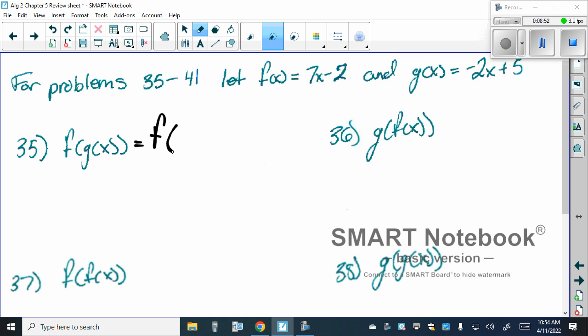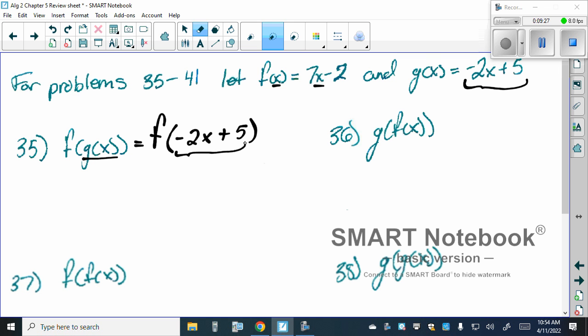And with any of the composite functions, we're going to work from the inside out. So when we look at this first problem here, the most inside that we can get is g of x. And for us here, g of x is what? Negative 2x plus 5. So we're going to go on and replace g of x with its function, negative 2x plus 5. Now after we do this here, we're going to take that and plug it into f of x, because f of x is 7x minus 2.